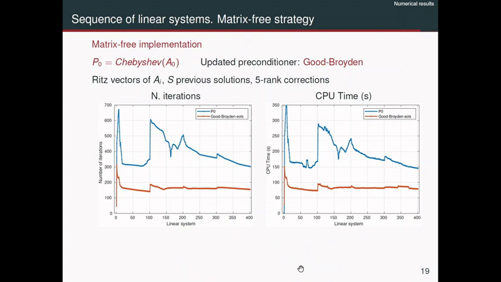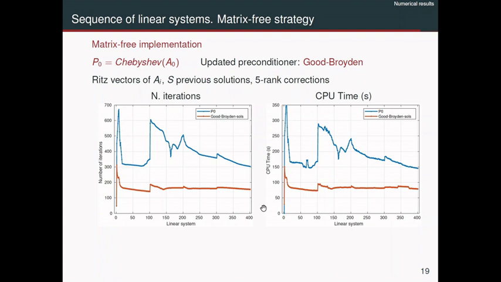And now we are going to test a matrix-free implementation. To apply a matrix-free implementation, we need to use an initial preconditioner that cannot be ILU, so we have to use the Chebyshev polynomial. And in this case, the number of iterations is very reduced, and also the CPU time.